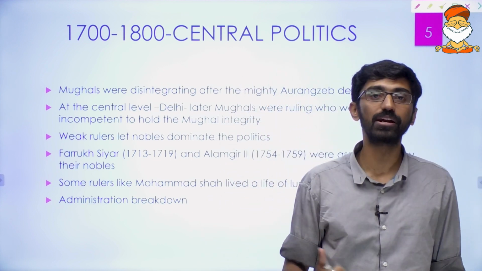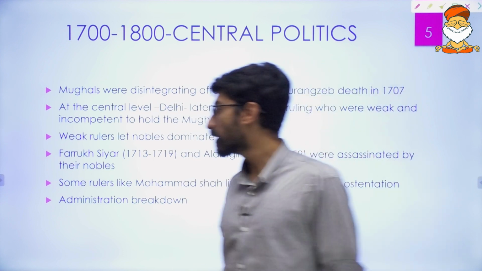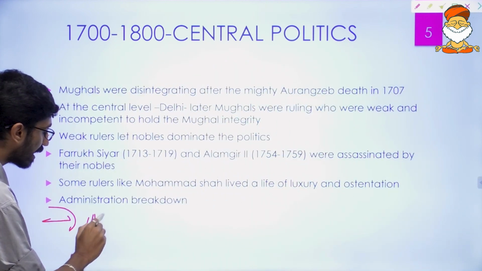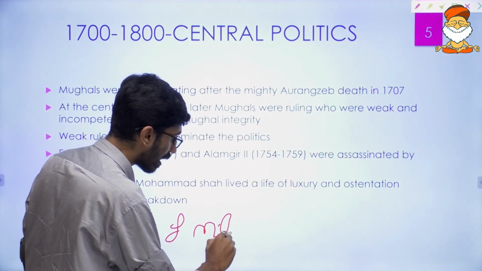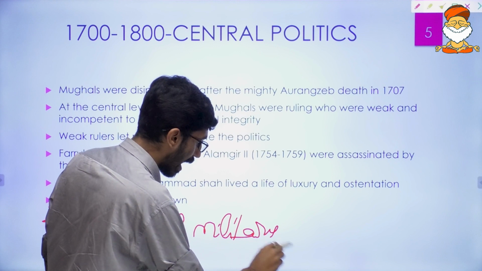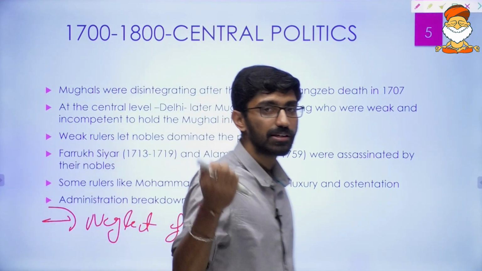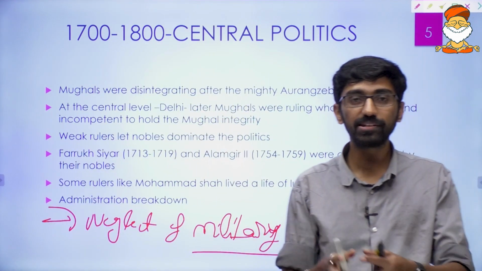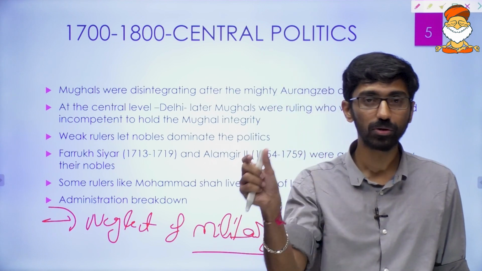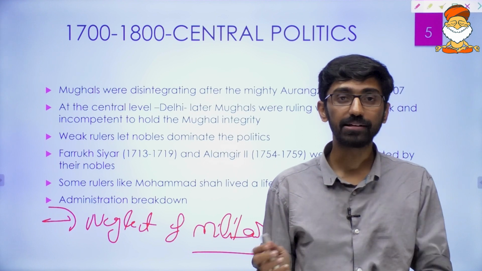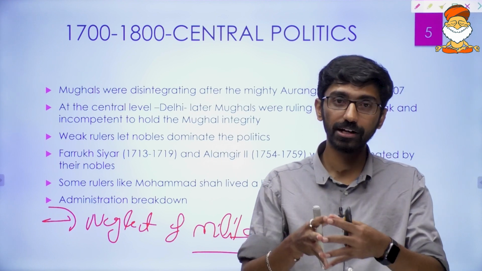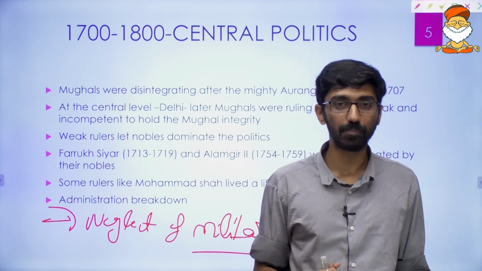This administrative breakdown ultimately led to the neglect of the military system, the neglect of military administration also. Ultimately all this favored the foreigners who came to India. So this is what was happening at the central level: the weak, incompetent rulers let the nobles dominate the politics, and that led to administrative breakdown and to the neglect of military administration also.